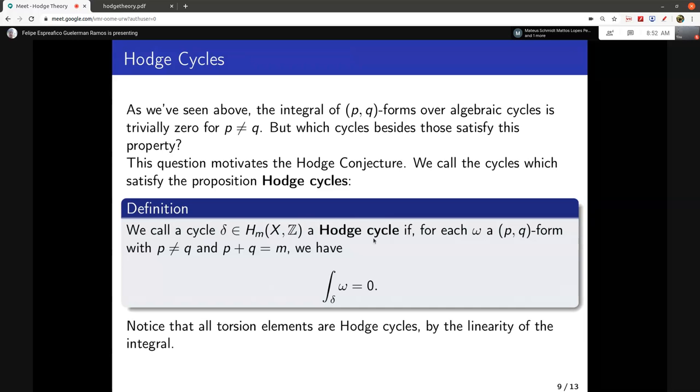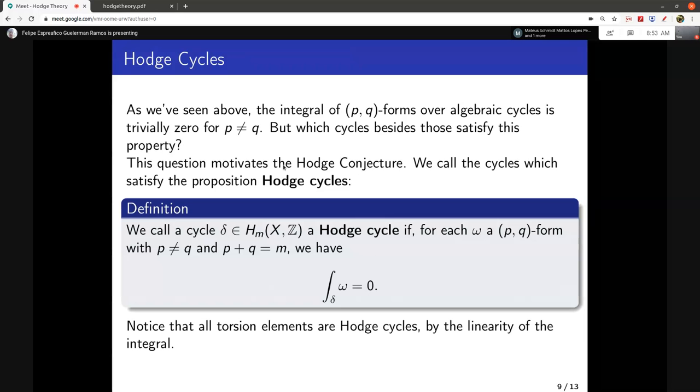And of course, these omegas have to be closed. So all torsion elements are of course Hodge cycles because by linearity the integral is going to be 0.